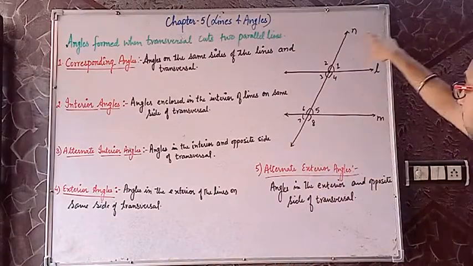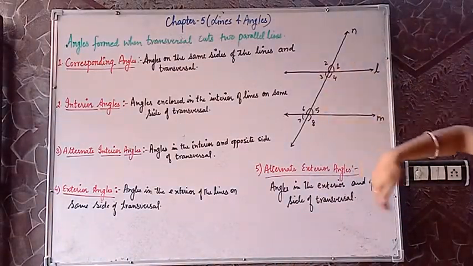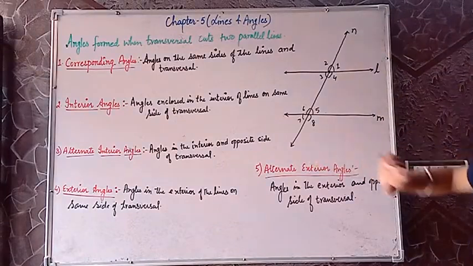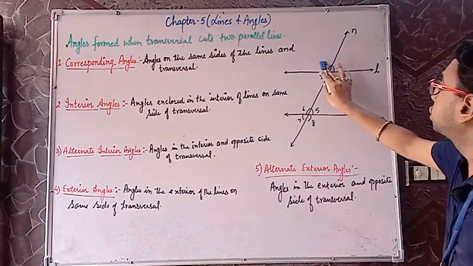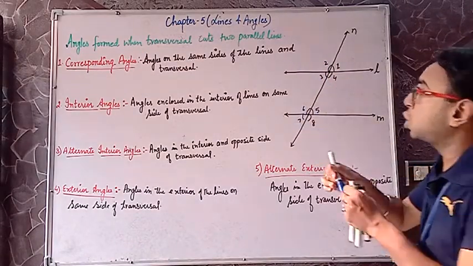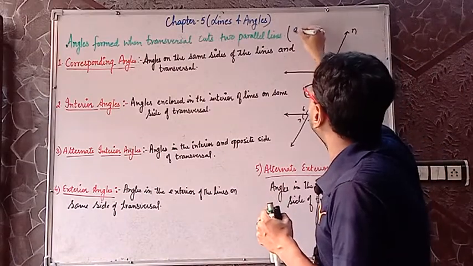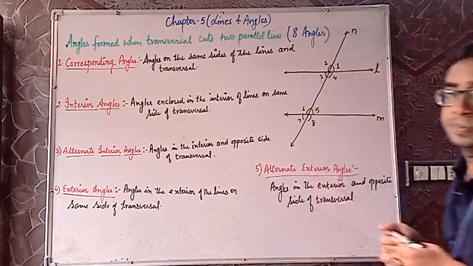So if two parallel lines are cut by a transversal, 8 angles are formed. 1, 2, 3, 4, 5, 6, 7, 8. So how many angles are formed? 8 angles are formed.